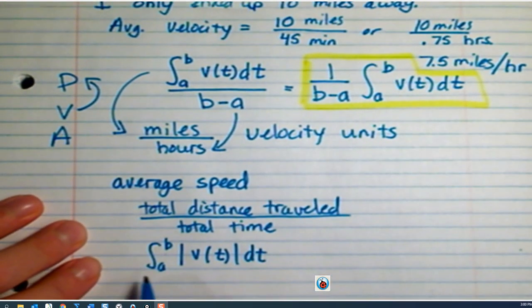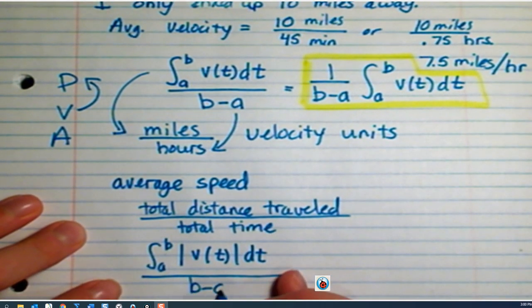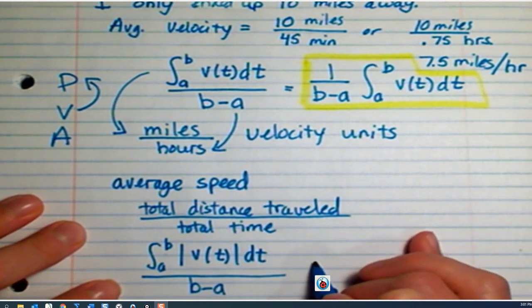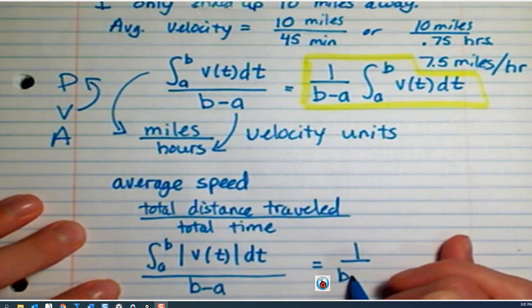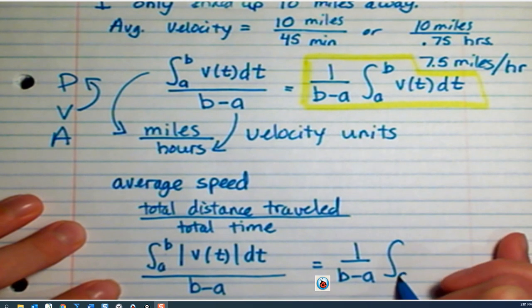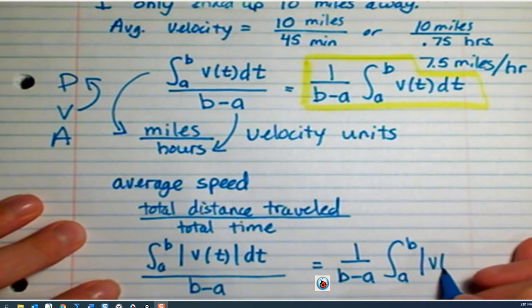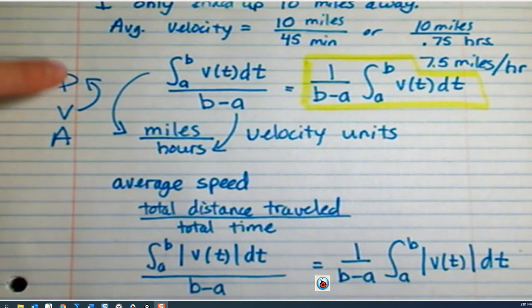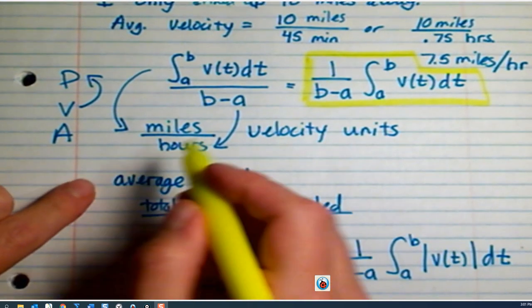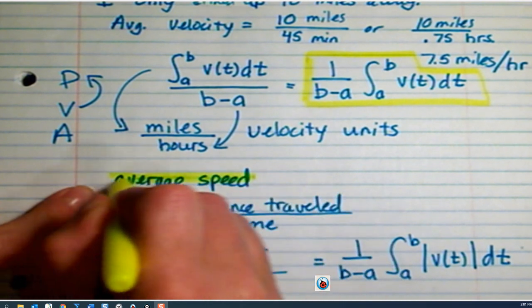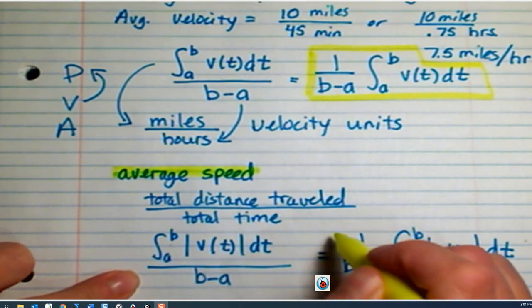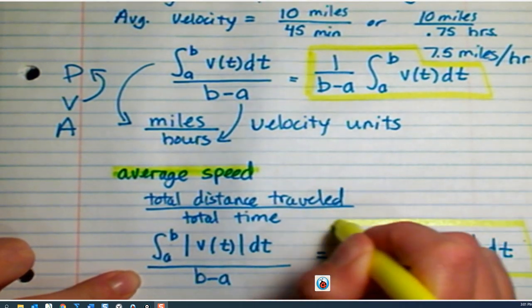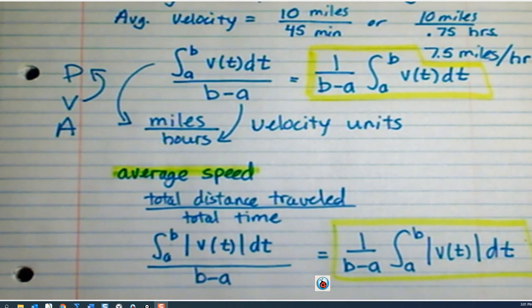Total distance traveled over total time. Sometimes, right, it's easier to write it with the B minus A in front. But be careful here. Okay, most of the time we're asking about average velocity, but I want you to know that average speed is a thing also. And the units work out the same way. All right, I will see you next class where we will continue practicing this.